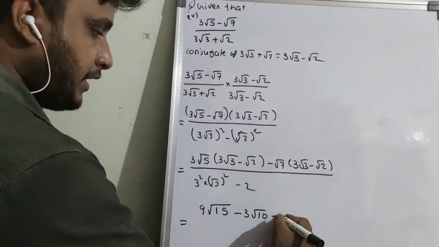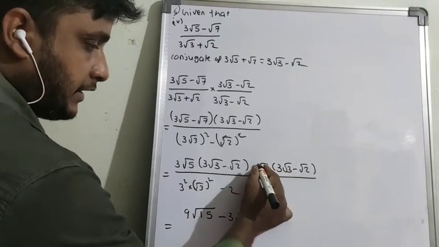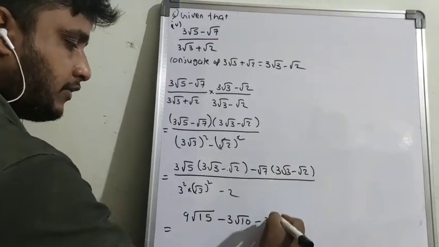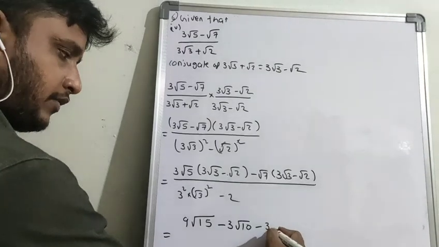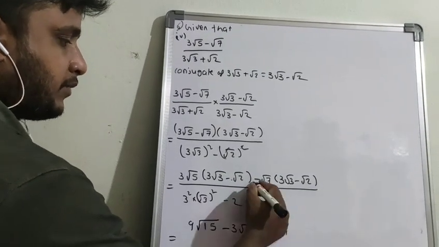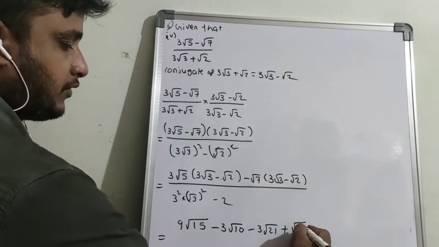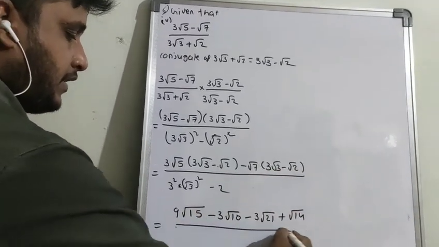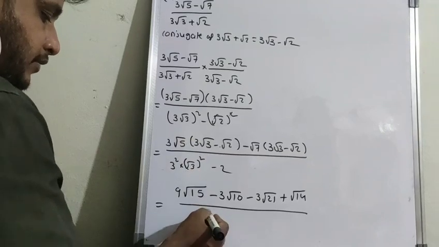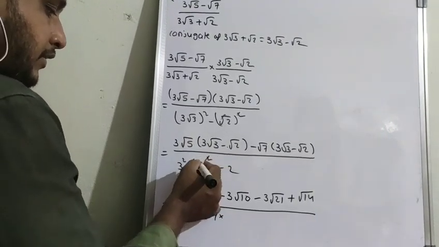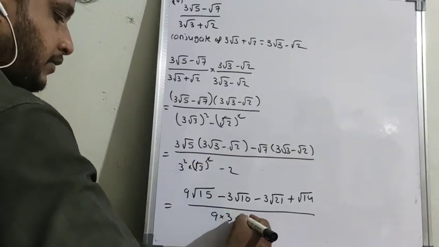Next again minus 3, coefficient 1, root 7 into root 3 is root 21. Next minus into minus is plus, and root 7 into root 2 is root 14, divided by 3 square is 9, now into 3 square root cancelled, 3 minus 2.